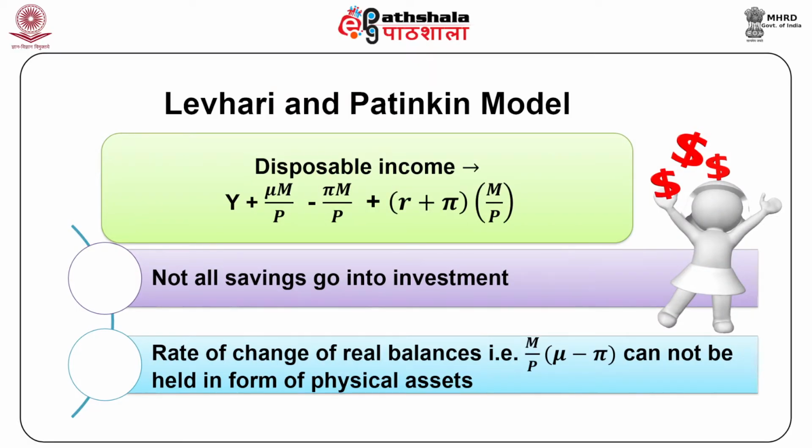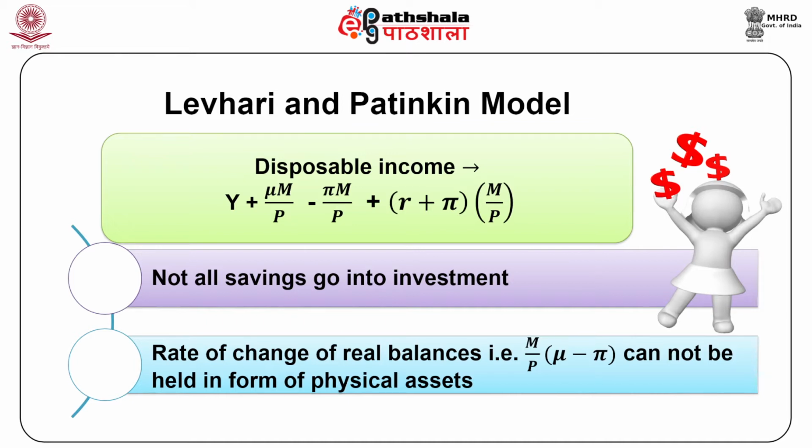Disposable income is obtained by the output Y plus the real value of government transfer payments, that is mu into M upon P, less the loss in real value of existing cash balances due to inflation, that is pi into M upon P, plus the opportunity cost of holding money, which is (r + pi) into M upon P.